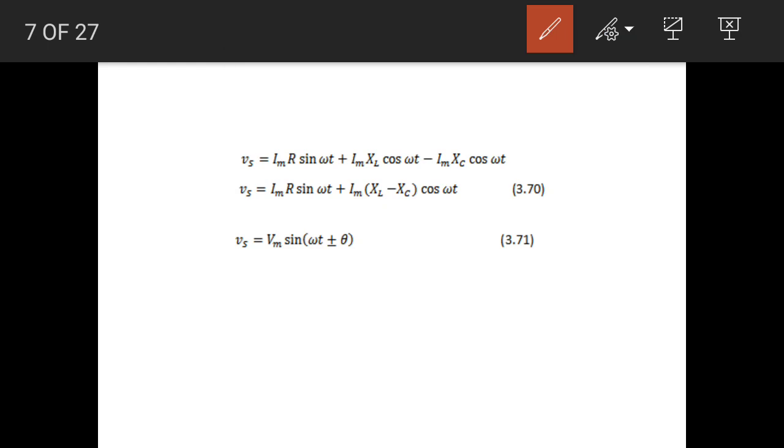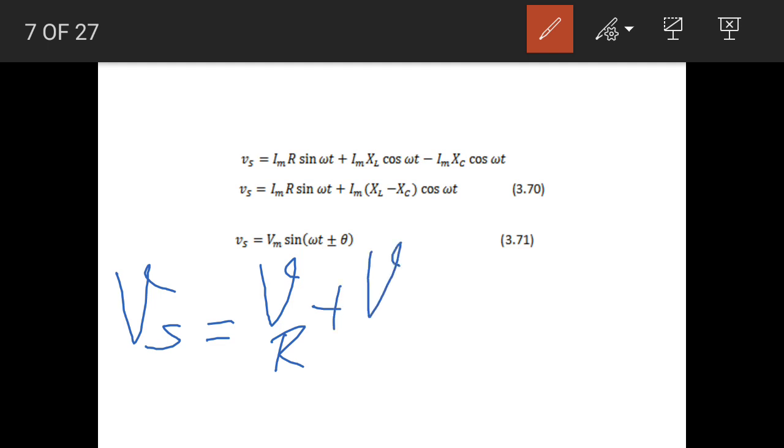So we already know that the source voltage, which is an AC voltage, is equal to the AC voltage across the resistor plus the AC voltage across the inductor plus the AC voltage across the capacitor. So the sum of all these three voltages results in the voltage across the source.